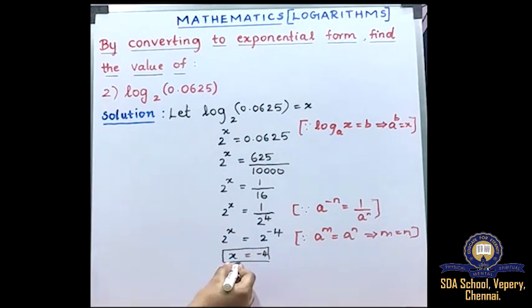So substitute the x value in the first equation which we have assumed. So we will get log 0.0625 to the base 2 equals the x value, which is minus 4. So we have found the value of log 0.0625 to the base 2 as minus 4.